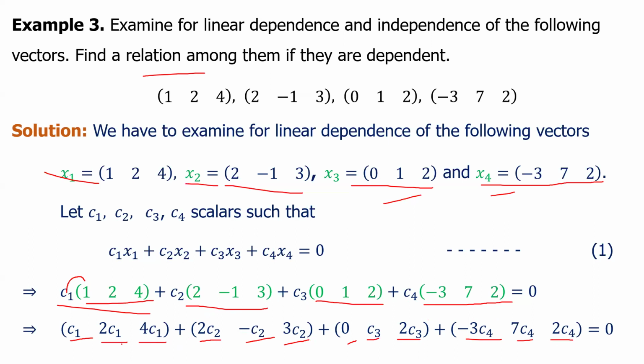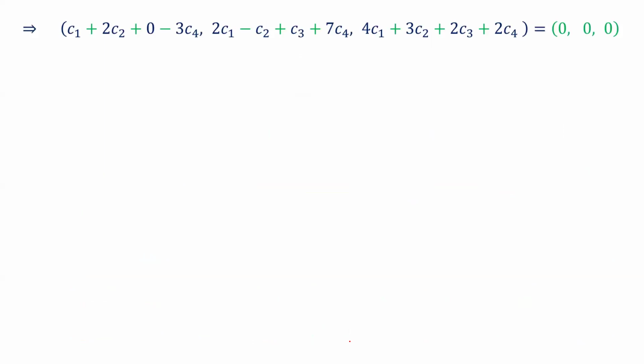Now we will add all the corresponding elements of these vectors. We have C1 plus 2C2 plus 0 minus 3C4, 2C1 minus C2 plus C3 plus 7C4, 4C1 plus 3C2 plus 2C3 plus 2C4 equal to 0, 0, 0.